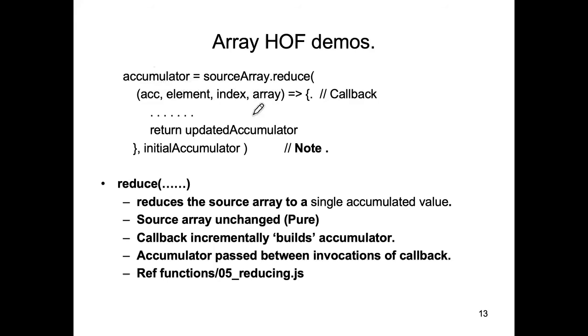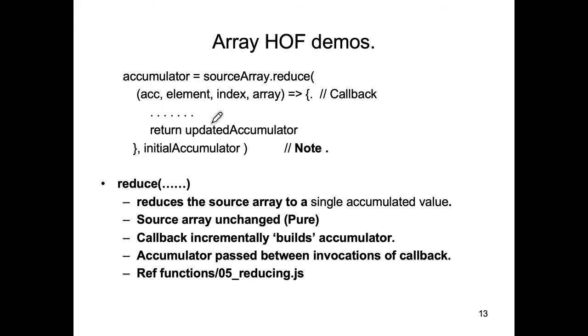In the body of the callback, that's where you compute how to update the accumulator value that was passed into you. And critically, the callback needs to return the updated accumulator value. That updated accumulator value then becomes the first parameter in the next invocation of the callback with the next element of the array.